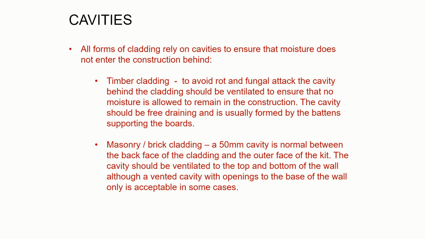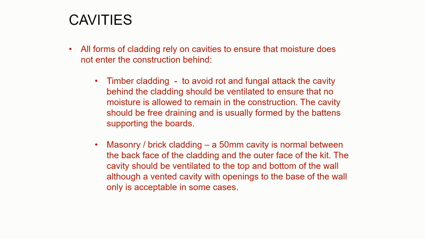So if we have ventilation within there, the timber is allowed to dry out. The air is going to be carrying away moisture, so it's never going to get wet enough for mold or fungus to grow. So we need a free draining cavity at the back of timber cladding. The same for brick cladding, but it's not really to do with fungal attack. It's to make sure that the moisture can't get into the timber kit behind it.